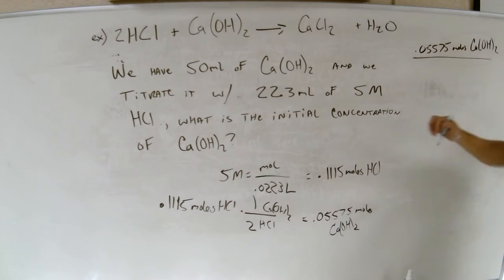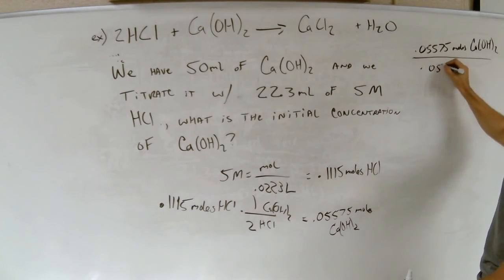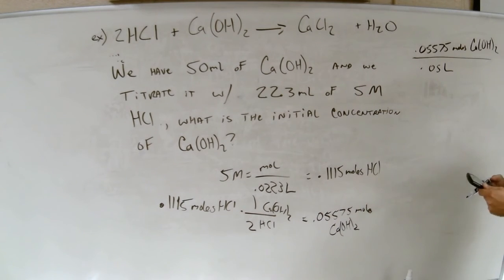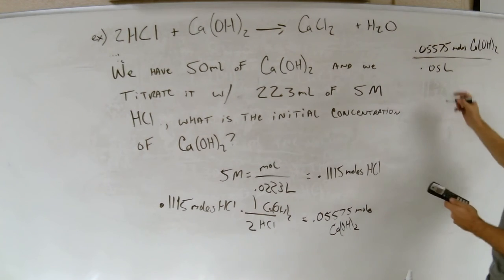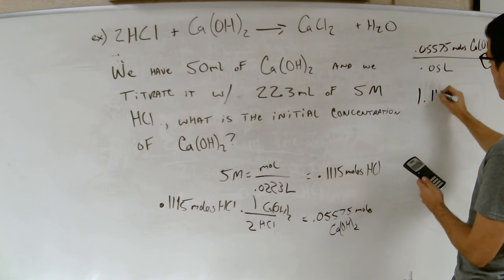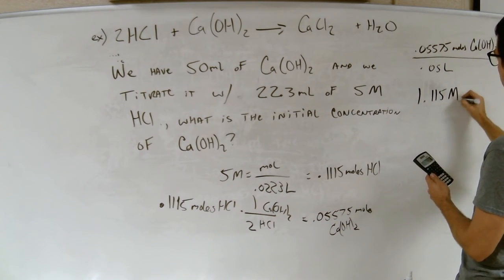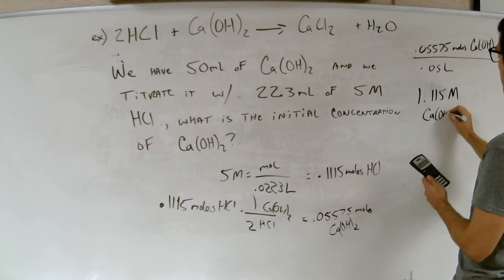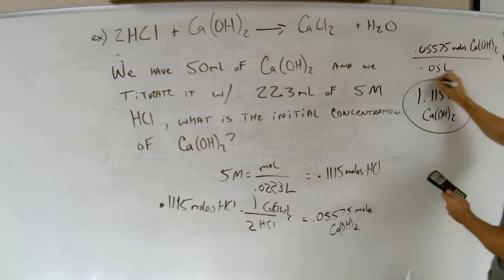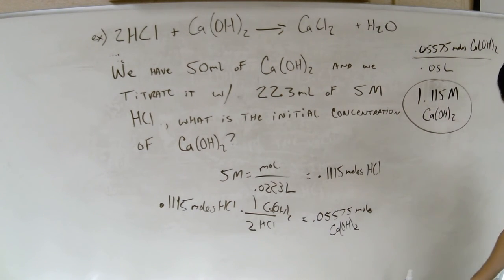We had 50 milliliters to start, so that's 0.05 liters. We go ahead and divide that. 0.05575 divided by 0.05, and the initial concentration was 1.115 molarity of CaOH2.